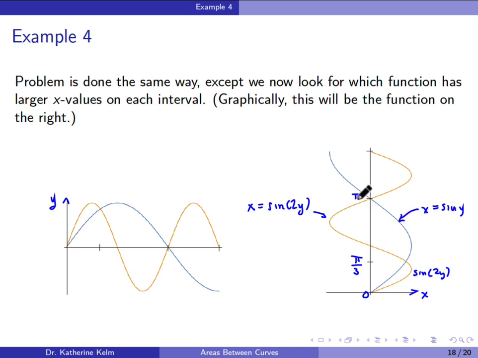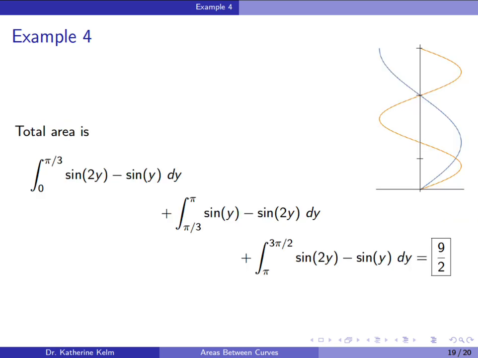And finally, between y equals pi and y equals 3 pi over 2, sine of 2y has larger x values than sine of y again. So the total area is the same as what we had before because the integrals are identical, except that x has been replaced with y in all cases.